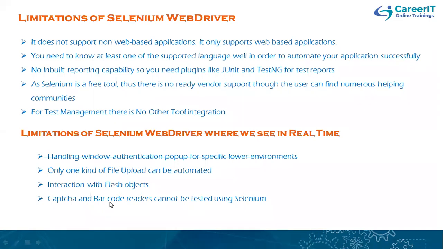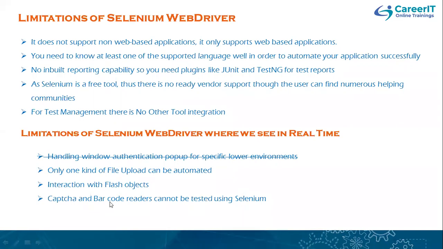Generally we run our automation scripts mostly in testing environments, guys, not in production. In production we mostly do smoke or sanity checks, but mostly we perform our automation in lower environments like staging or QA.